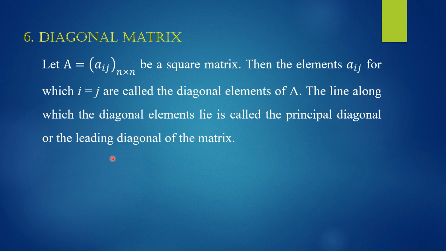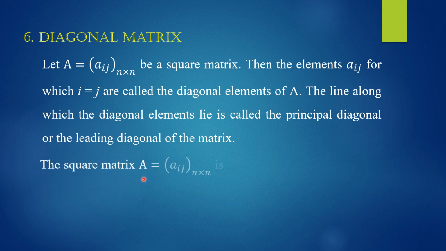If you have a square matrix, for which i equals j, that is, row number equals column number, elements a11, a22, a33, you see in the definition, those are the diagonal elements. Okay, so we write this one.